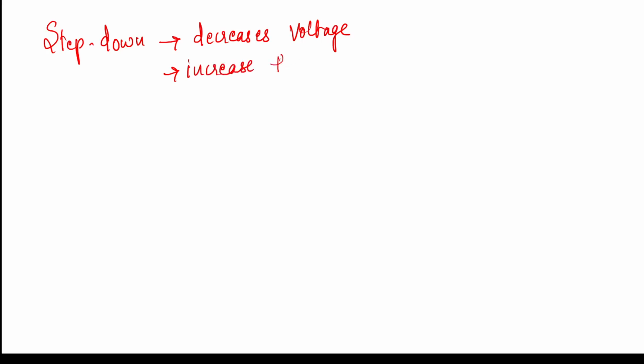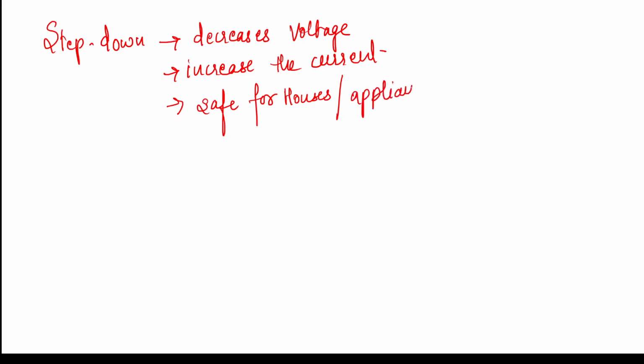So a step down transformer decreases that extremely high dangerous voltage and then increases the current so that it is safe for houses and appliances. You wouldn't want your TV to get 66,000 volts. That would be very dangerous.